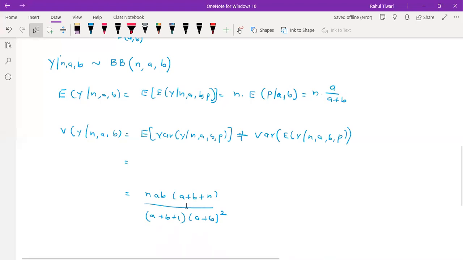Similarly, you have to assume some other quantity here. This technique is called reparameterization. I am just changing my original parameter to some other parameter, because we have to estimate this parameter, right?